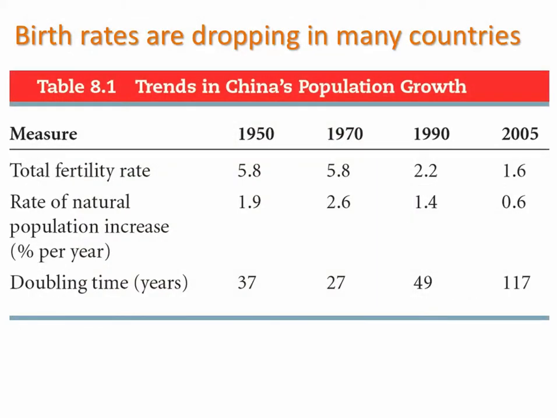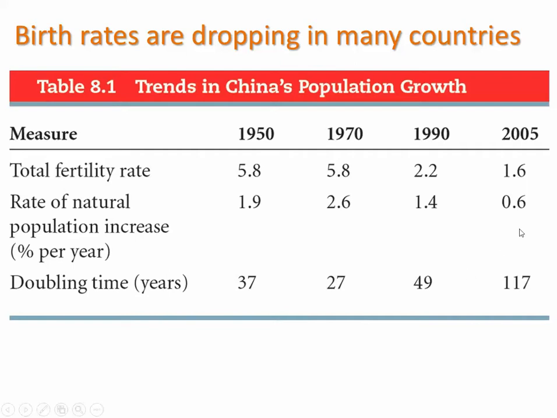And this is just showing some trends in China, how their fertility rate used to be very high in the 1950s, and then they got it down to 1.6 through their one-child policy. And some other things that we can see here: rate of natural population increase. This is another term you should know. Natural is referring to just that happening because of births and deaths, not immigration, people coming into the country, or emigration, people going out.